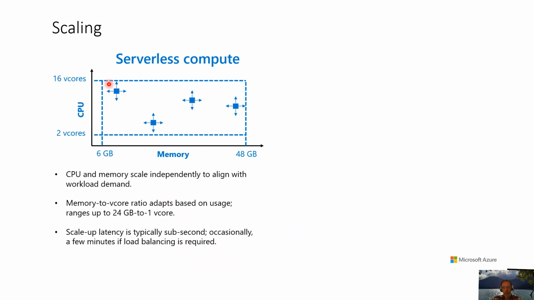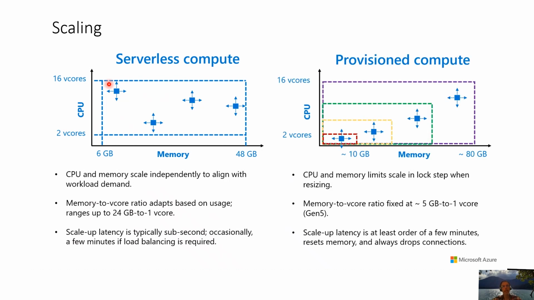Now, this is a very different picture than, say, scaling with provisioned compute. In provisioned compute, the burden shifts to the customer to specify upfront what their compute requirements are. So suppose the customer has determined that they need 2 cores of compute for their application, they'll automatically be provisioned 10 gigabytes of memory.